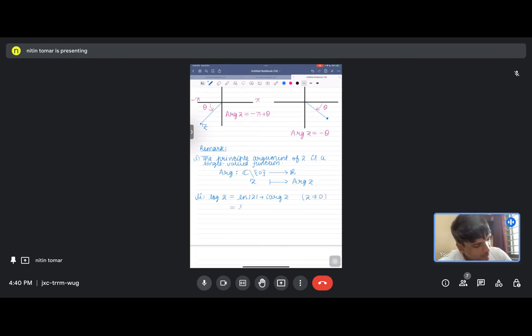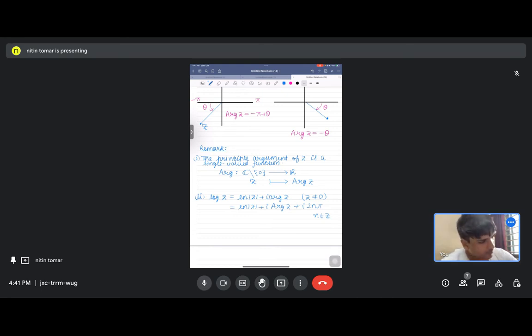Now can I write it as ln mod z plus i times the principal argument of z, and then plus 2n pi? Correct? Correct, sir. If you keep on adding or subtracting 2n pi, you will get the complete logarithm, right?